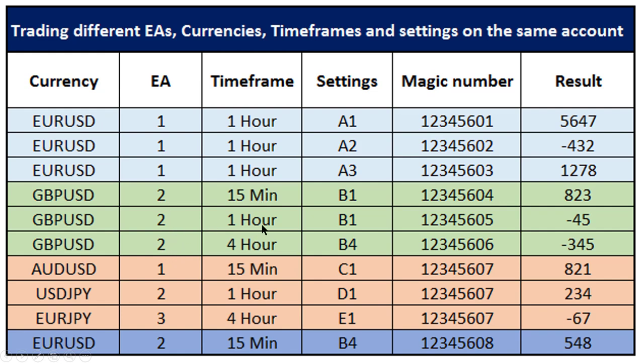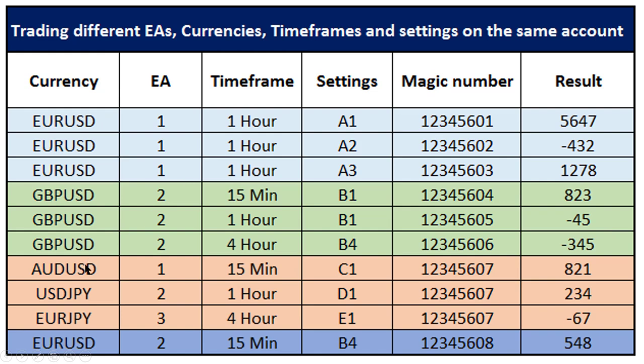We're using different time frames, and in some cases we're using the same settings, trading the different time frames and then unique settings. And again, because this is one currency, you need different magic numbers. So you can see magic number, magic number, magic number different, and you can see different results coming out there.